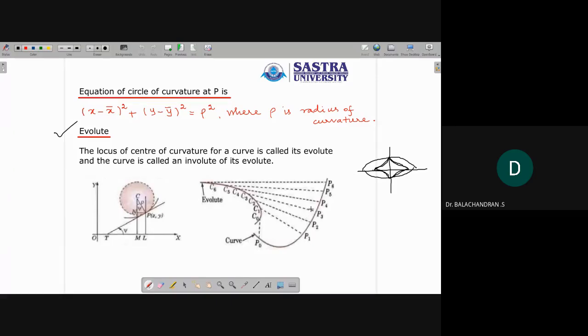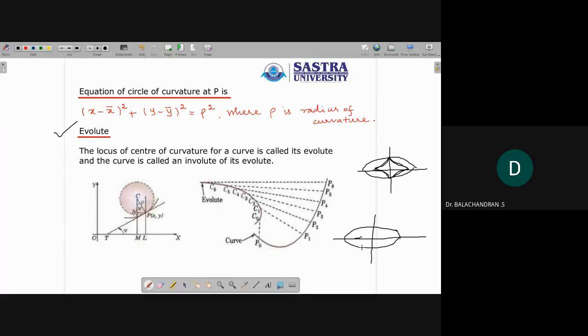I think day before yesterday I sent a link. Some of you also replied. I sent the evolute of the ellipse. So in the animation you can see, if you trace the ellipse, the points will change here like this.